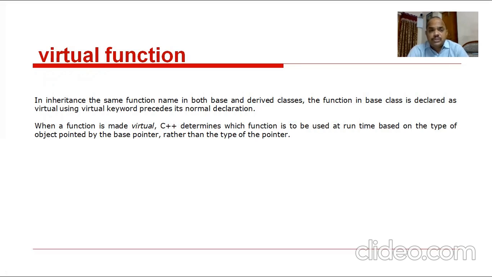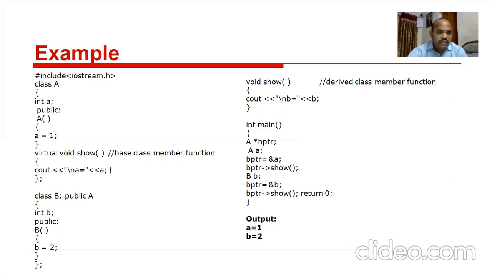When a function is made virtual, C++ determines which function is to be used at runtime based on the type of object pointed by the base pointer rather than the type of the pointer. Already we discussed. In the previous example we are using show function in both classes, same function, void show.